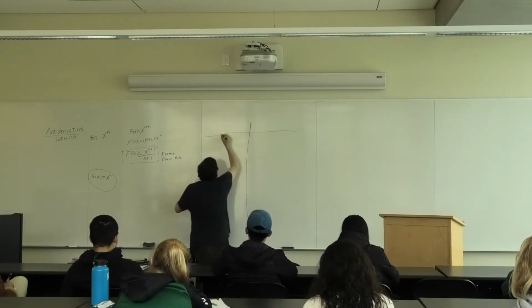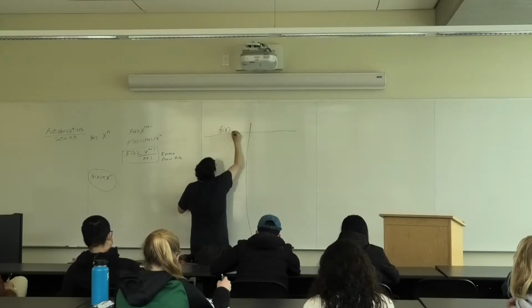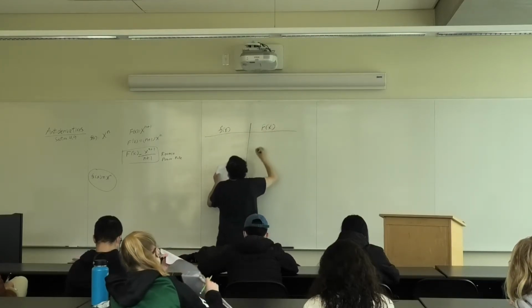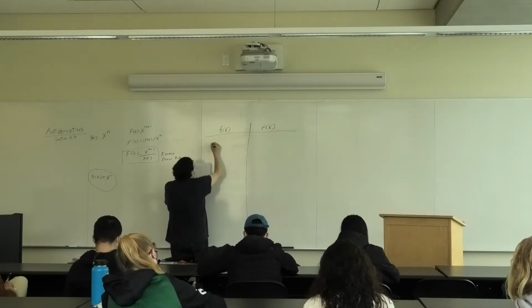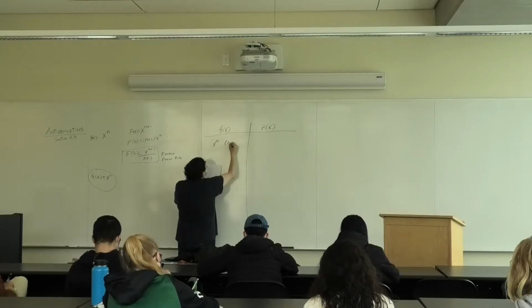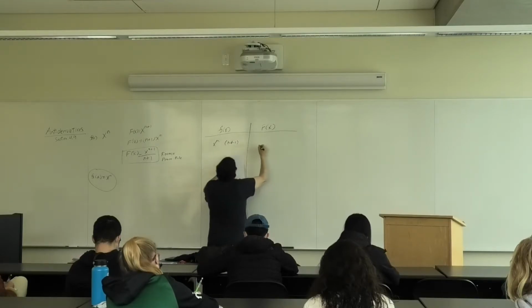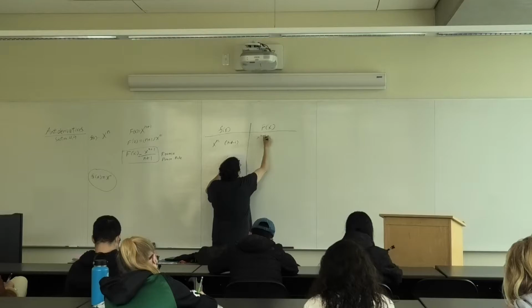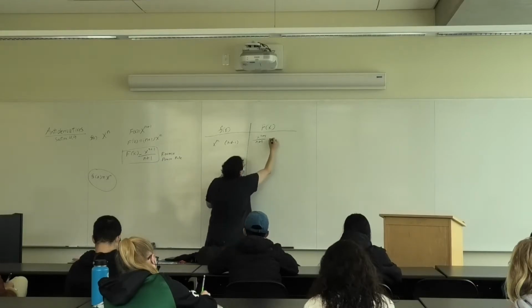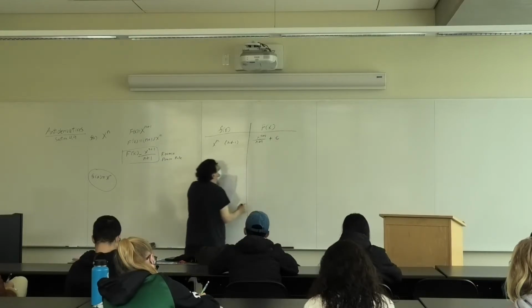So we have functions and their antiderivatives. And we decided x to the n, if n is not -1, it's going to be x to the n plus 1 over n plus 1, plus c.